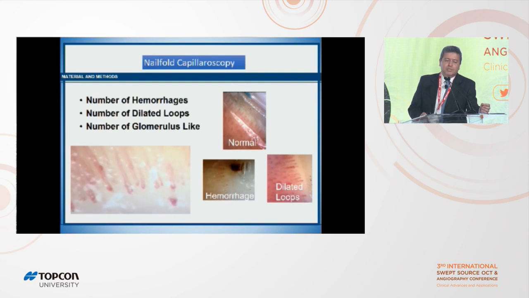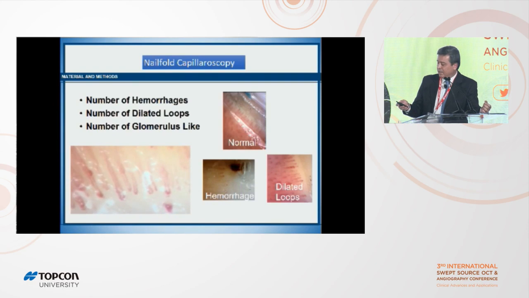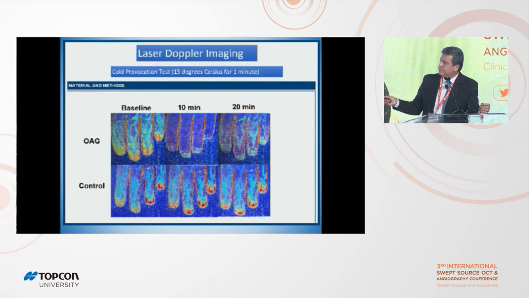This is how we do the nailfold capillaroscopy. We're looking for hemorrhages, dilated loops, and glomerulus-like abnormalities on the fingernails. And this is very interesting. It's a cold provocative test where you put the hand for 1 minute in 15 degrees Celsius and see the recovery from the baseline.